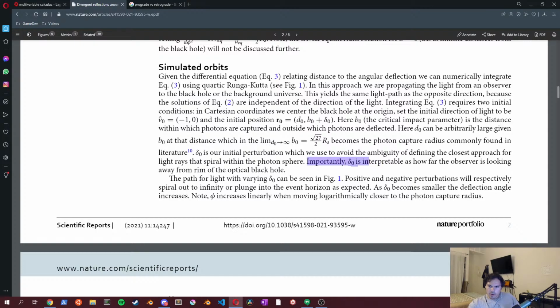But somehow they're saying it's also interpretable as how far the observer, which is different than the light, is looking away from the rim of the optical black hole. Interesting. Okay. The path for light with varying delta 0 can be seen in figure 1.